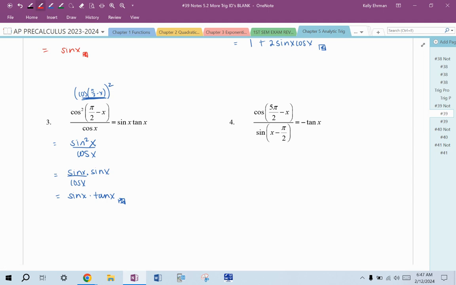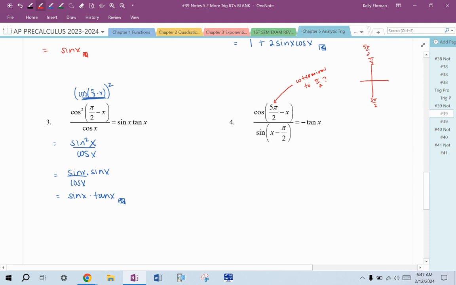Okay. What about cosine of 5 pi over 2? That's not our identity, so we need to double check that, like, does this land in the same spot? Is this coterminal to pi over 2? All right, so pi over 2, 3 pi over 2, 4 pi over 2, 5 pi over 2.